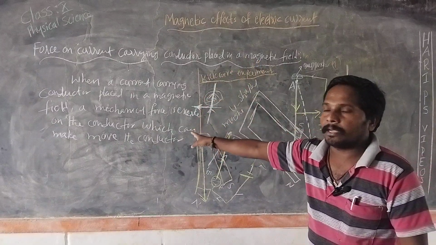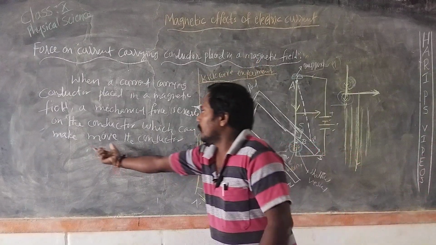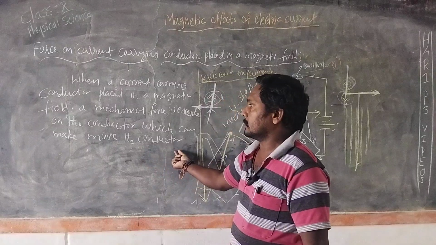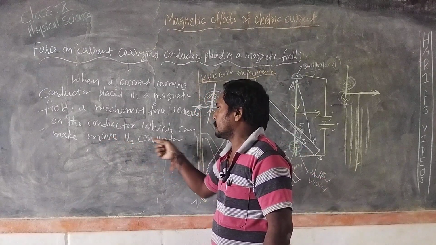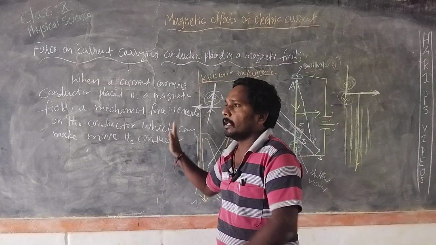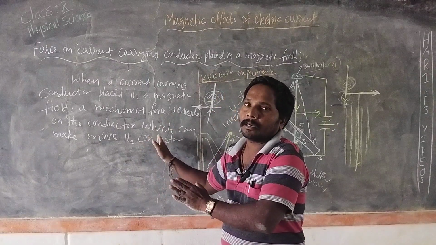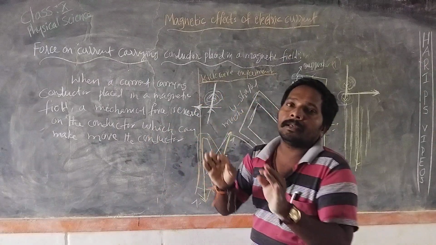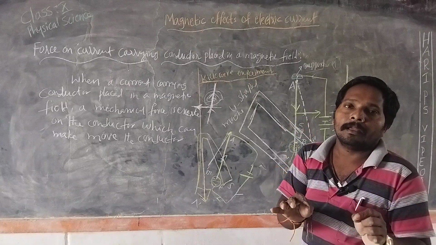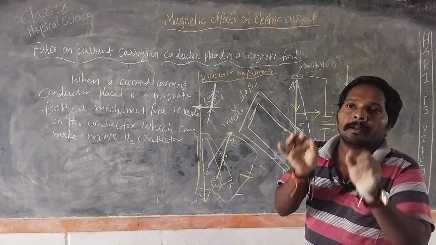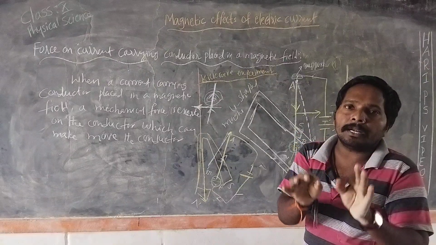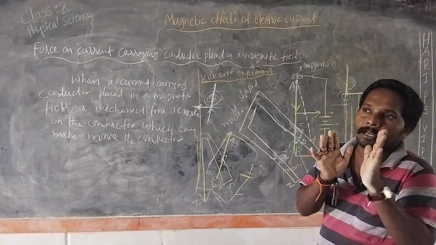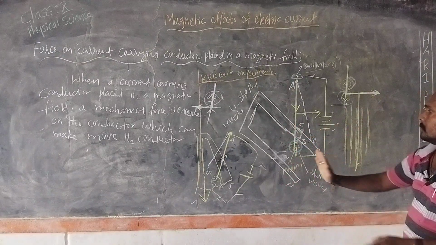Due to that mechanical force, the conductor moves. In which direction does the conductor move? Perpendicular to the magnetic field and perpendicular to the direction of electric current. Keep this in mind.